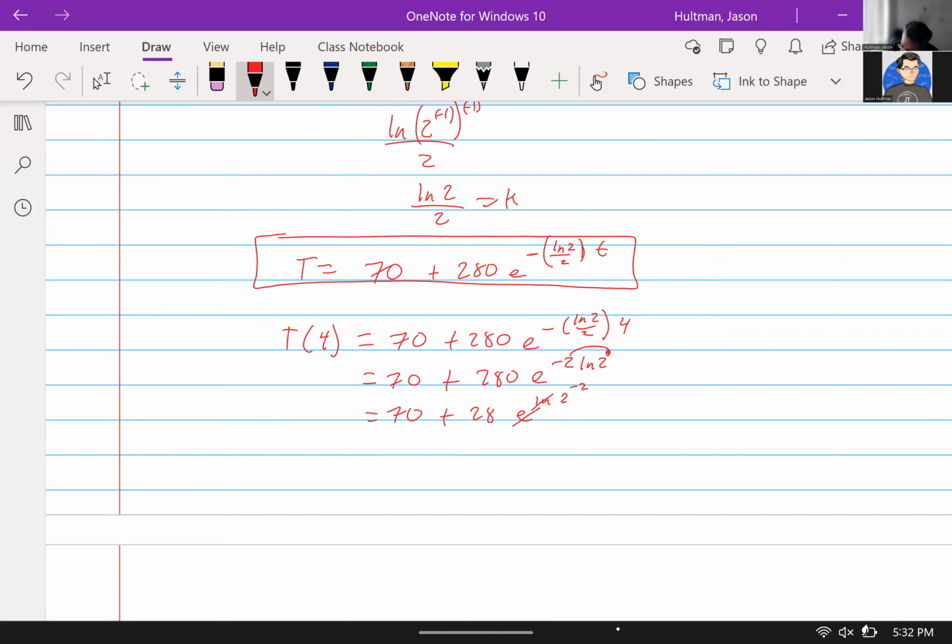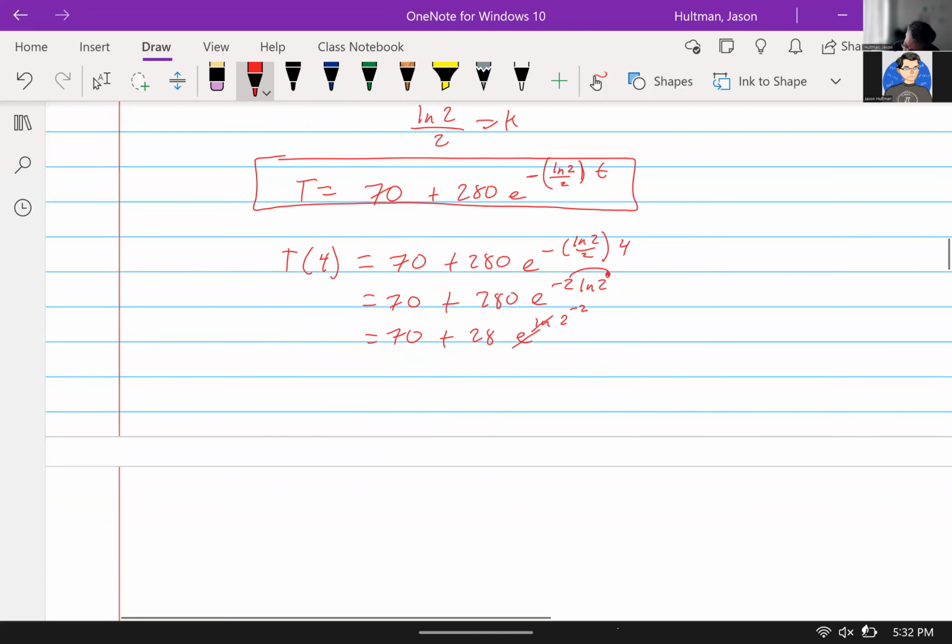That is going to cancel. And we're just left with 70 plus 280 times 2 to the -2 power, that's just 1/2 squared, which is 1/4. And so I get 280 divided by 4, which is 70. And so this is 140 degrees after 4 minutes.